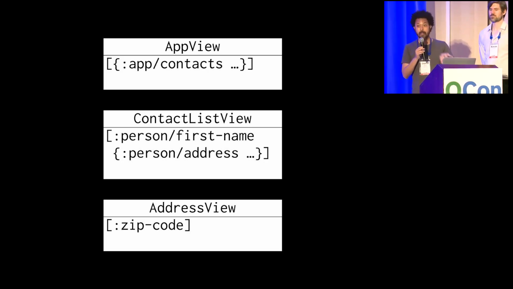And then at the bottom, there's an address view that has just the little piece of data that it needs. Any person on your front-end team, again, Android, iOS, web, it doesn't matter, doesn't need to talk to the back-end person to get the data they need now. You don't have to change any endpoints, and you don't have to change any queries, right? The UI gets to specify the shape that it's going to get, and nothing needs to be reshaped.